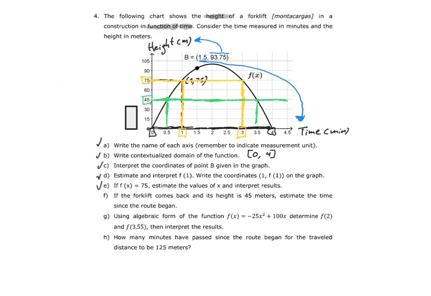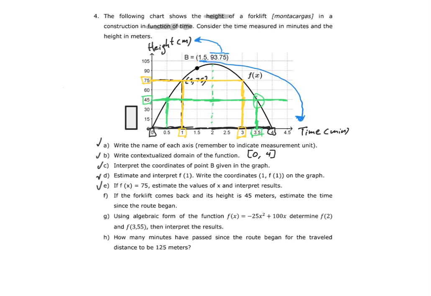But they said the forklift is coming back. In the first half, it's going up and then it's coming back. So the only point that matters is the second one, which happens after 3.5 minutes. I misread it at first. So the height is 45, coming back after 3.5 minutes.